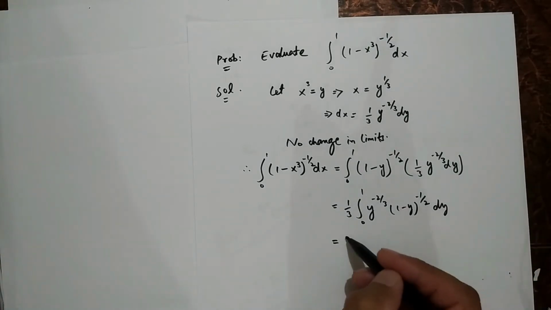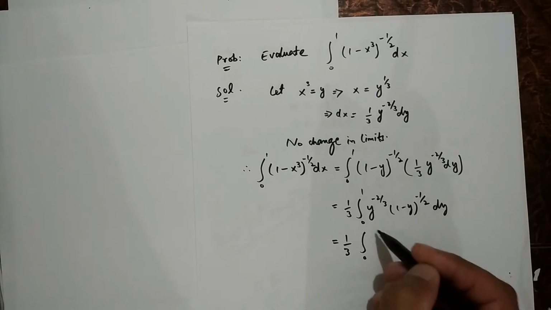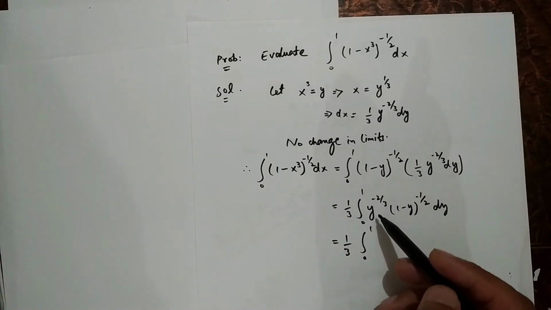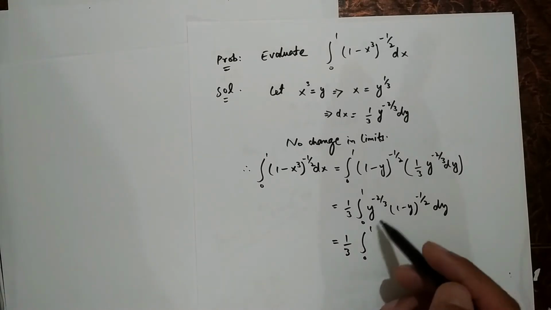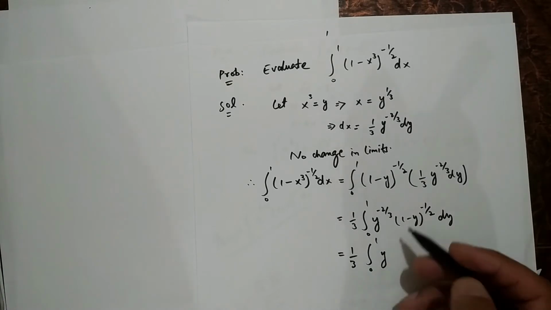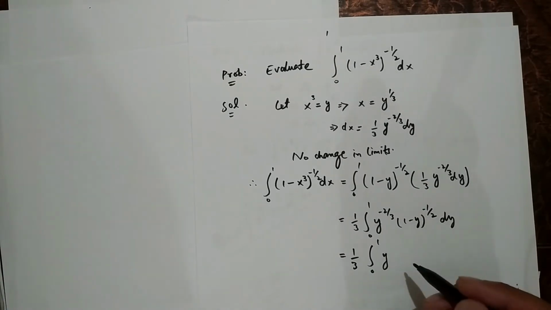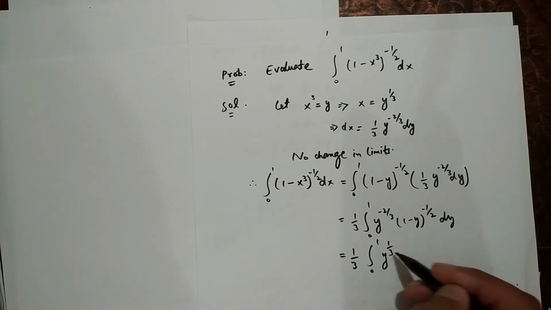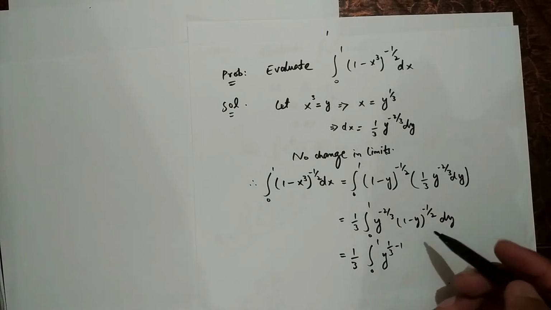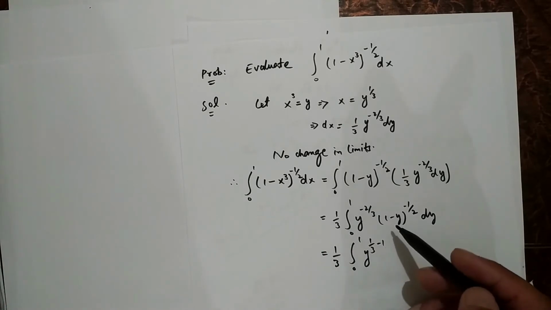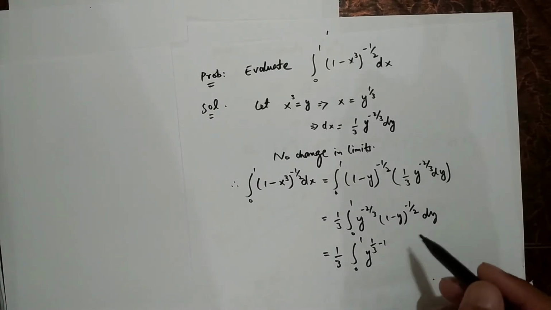So guys, I can write it as 1 upon 3 into the integral 0 to 1, and I can write y to the power minus 2 upon 3 as y to the power 1 upon 3 minus 1, right?